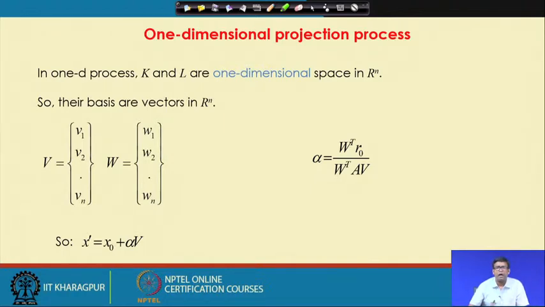So, I have a vector x 0 which is not the solution of b minus A x is equal to 0. The actual solution of A x is equal to b is another vector x prime or x star, say. So, x 0 and x star have to be related.